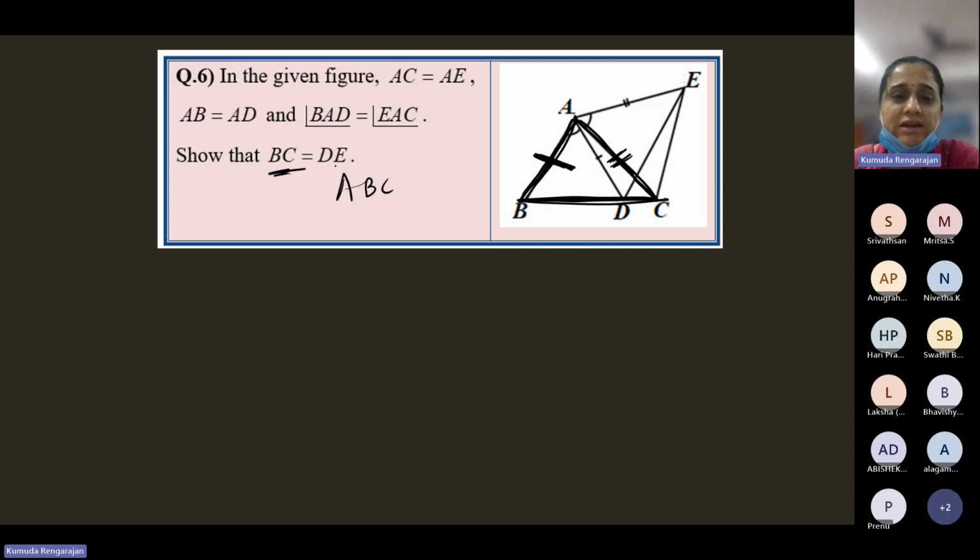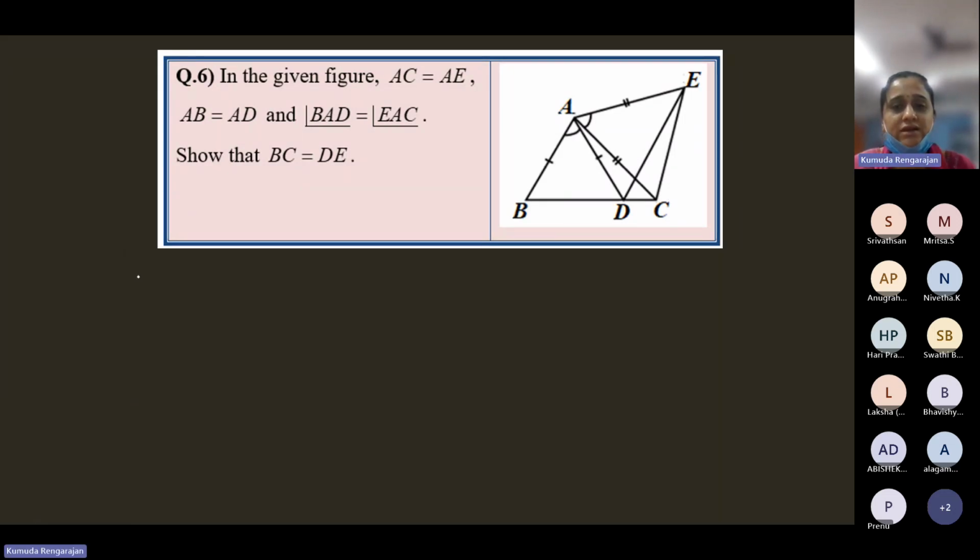Then for the other triangle, DE. So DE is here. So DE means you should take up the triangle ADE. In ADE also you can see on AD we have the single line here and on AE we have the double line here. Okay, so take up these two triangles.